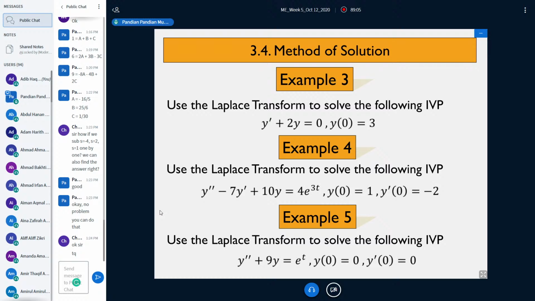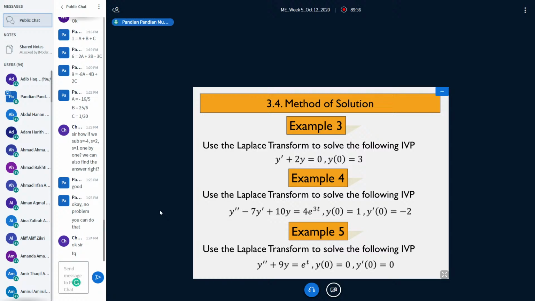So you have 7 equations, such as Laplace of 1 is 1 over s, Laplace of t to the power n is n factorial over s^(n+1), Laplace of e^(at) is 1 over s minus a, Laplace of sin kt is k over s square plus k square, and Laplace of cos kt is s over s square plus k square.